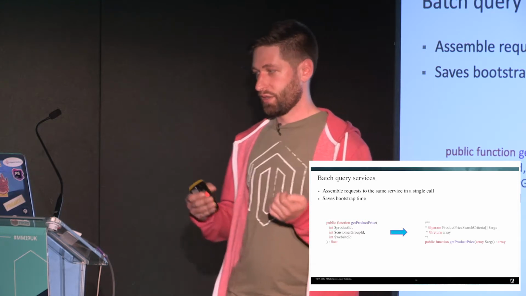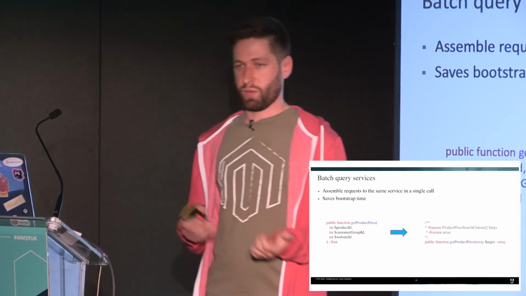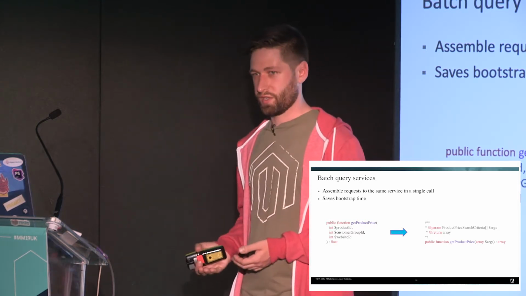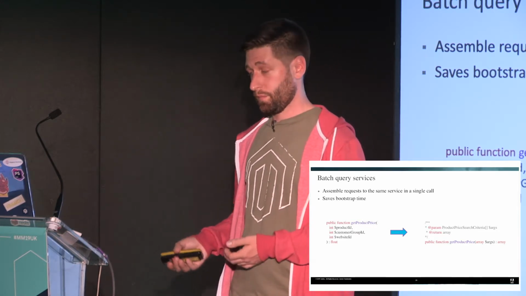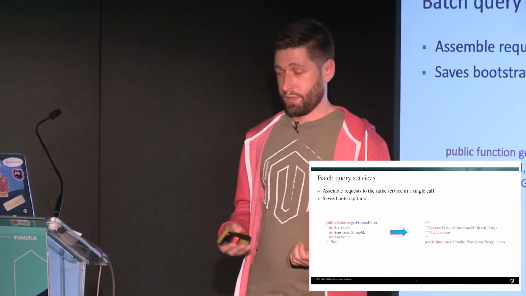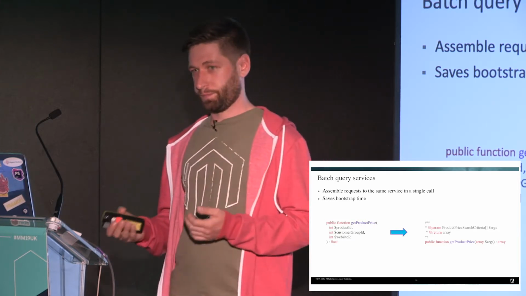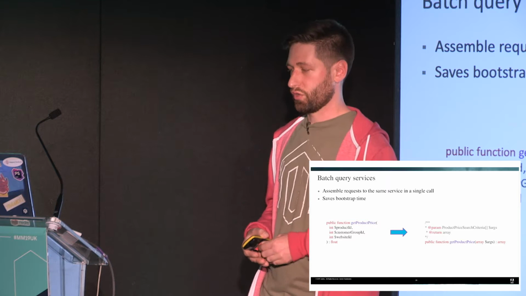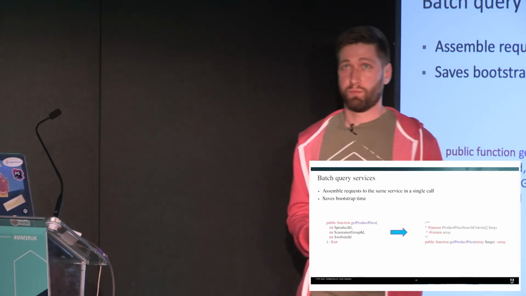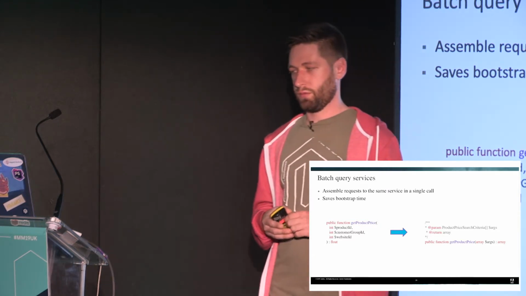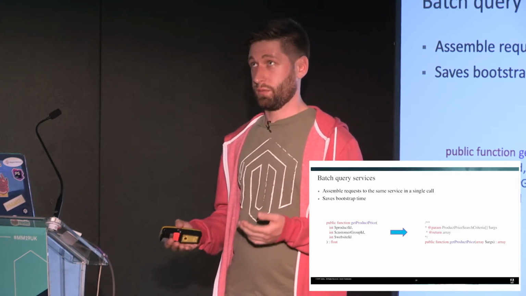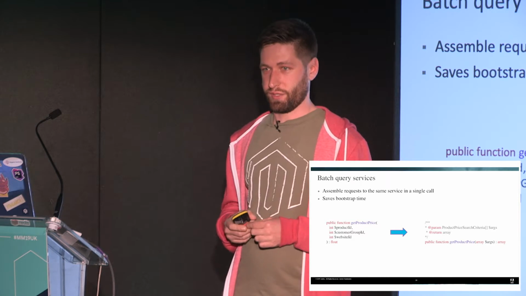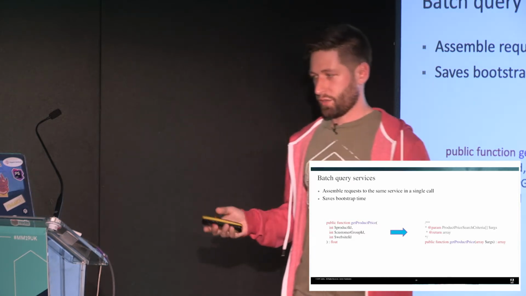So in this case, we can request product price. If we need the price for one product, we supply an array with one entity, one product ID. If we need more, more products can be returned in one call. It is a really huge improvement for catalog rendering, like catalog product list rendering, and so on.